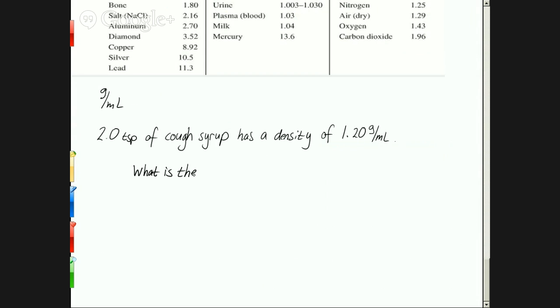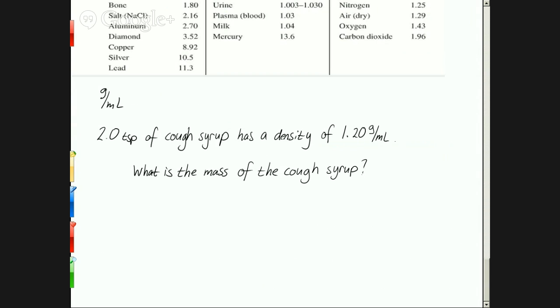We can answer questions like this. What is the mass of the cough syrup?